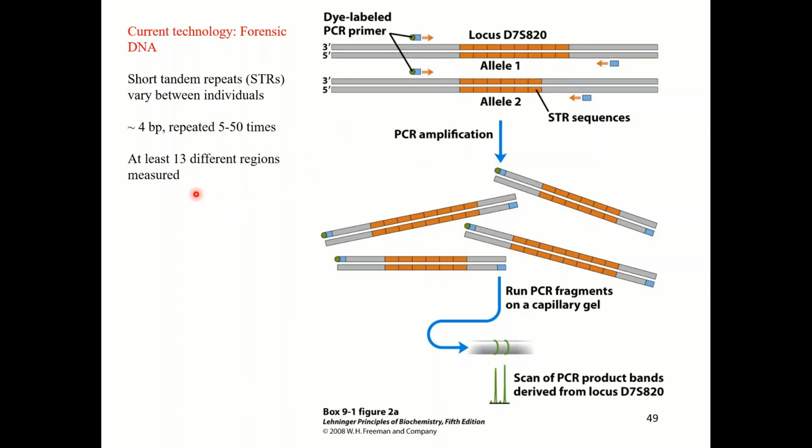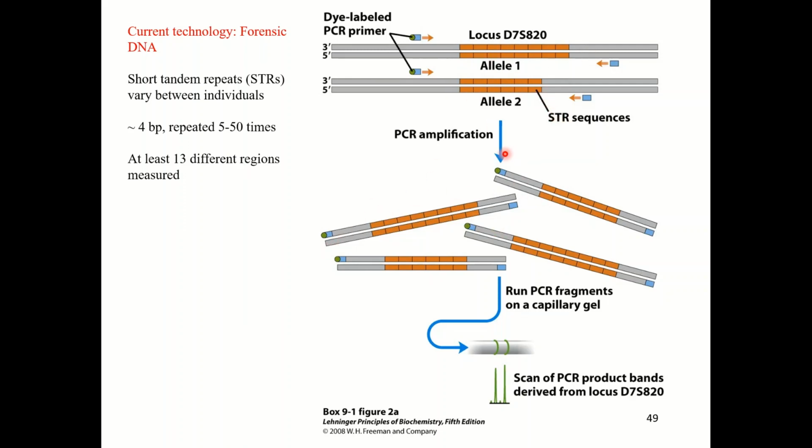In this case, at least 13 different regions of these are measured for forensic purposes. And you have a dye-labeled PCR primer that can amplify these certain regions, and these would be your STR regions in orange.